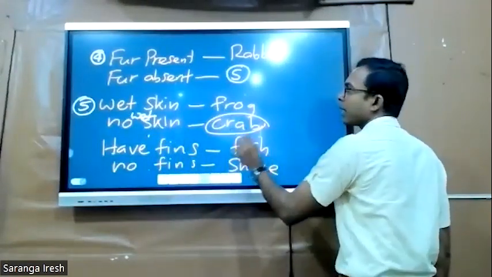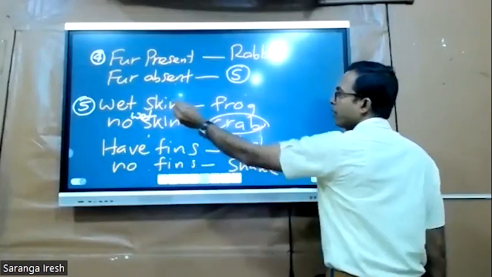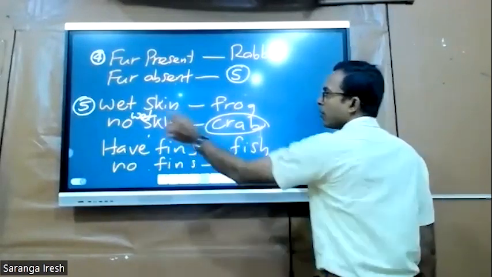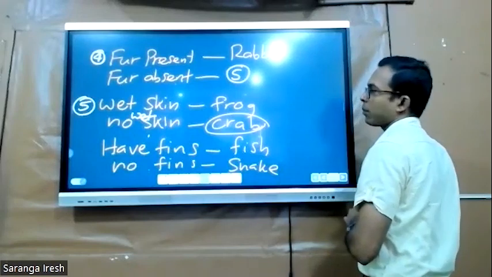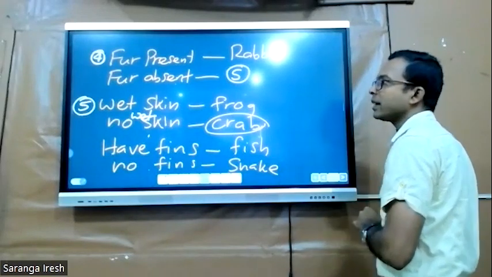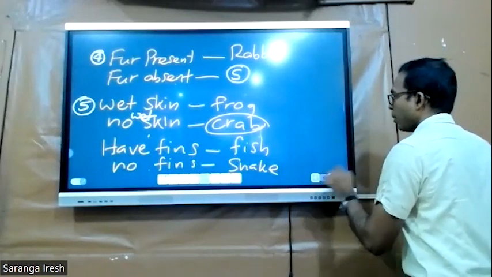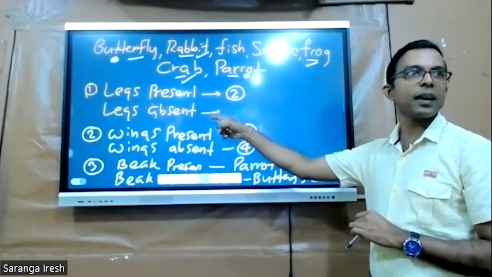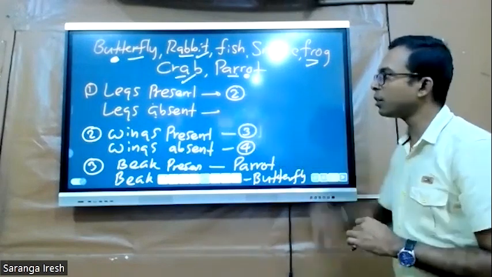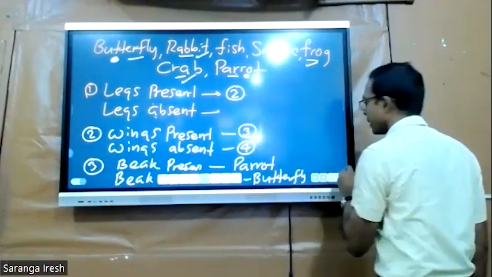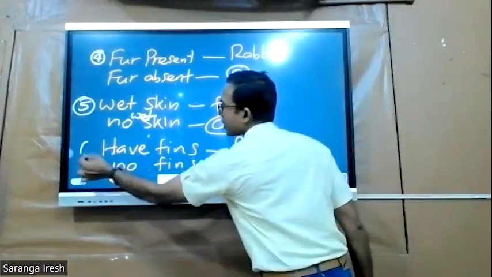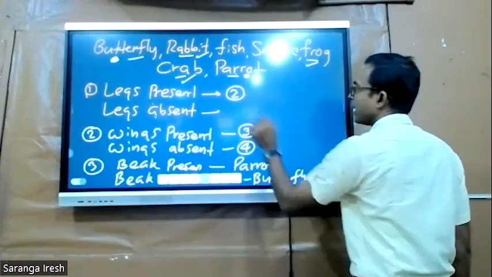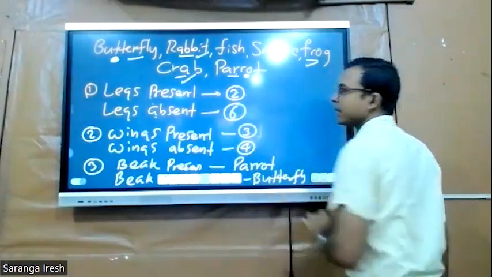Then I can write the direct names because I have only 2 organisms. Wet skin present in frog, wet skin absent in the crab. Right, now that list is classified. But here the fur present organism will be separated from the others, so what should be the number I classify it under? Number 6. Therefore, I will say they are classified as number 6.